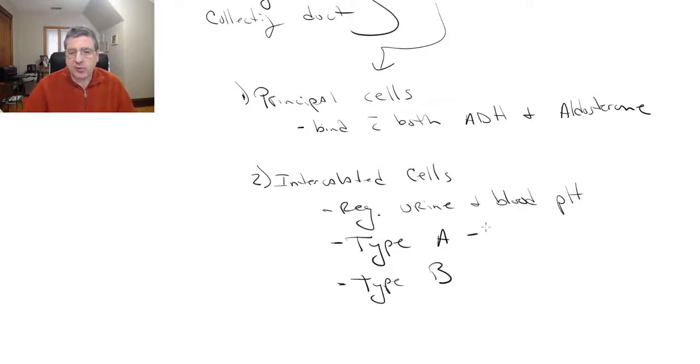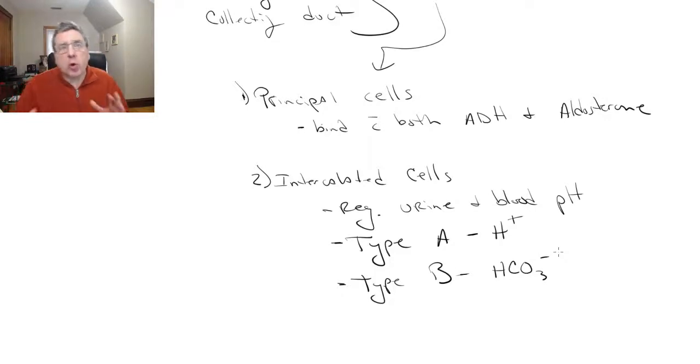Type A cells are responsible for eliminating hydrogen ions, and type B, bicarbonate ions. Okay, so if you need to adjust your pH, remember 7.35 to 7.45 of the blood, you either retain or eliminate hydrogen ions, or you retain or eliminate bicarbonate.